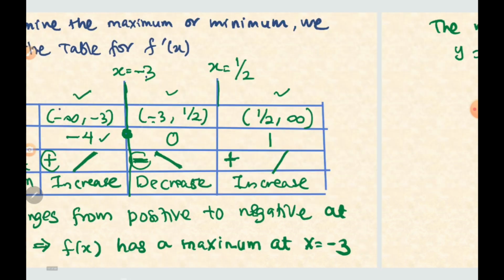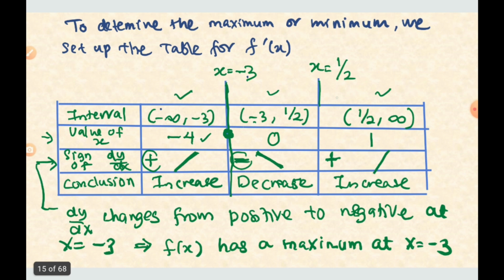We can see from the table here, at x equals 1 over 2, the sign for dy dx changes from negative to positive, which means we have a minimum point here. So what is the minimum point?